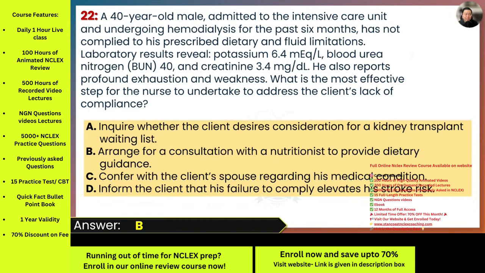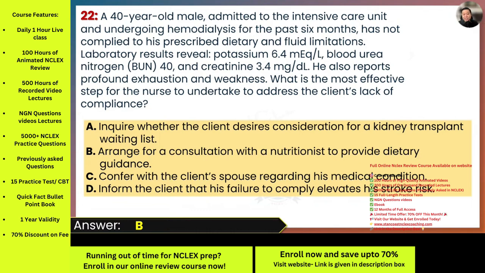A nutritionist has a critical role in assessing the knowledge gaps, providing education, and collaboratively working with the patient to develop a realistic and more sustainable diet plan.